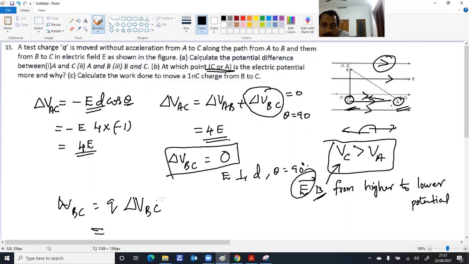The force and displacement are perpendicular, so the work done will be 0. Once you confirm this, I'll mark a few more questions of the same type and we'll stop. Yes, so it's fine.